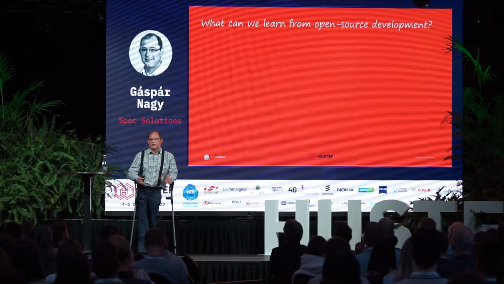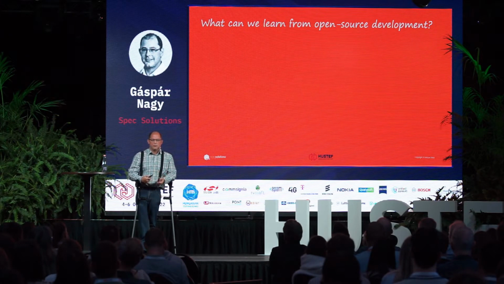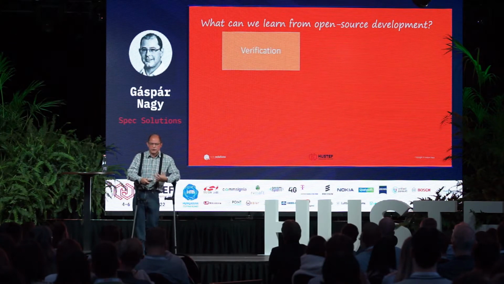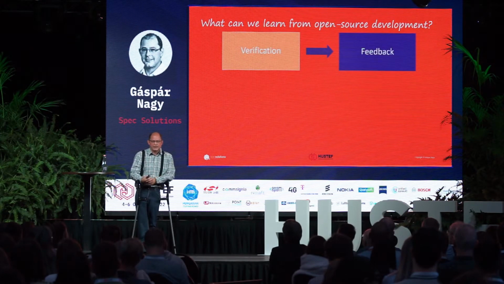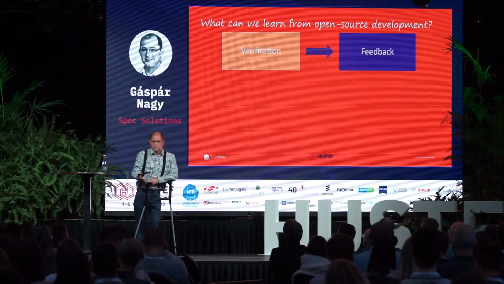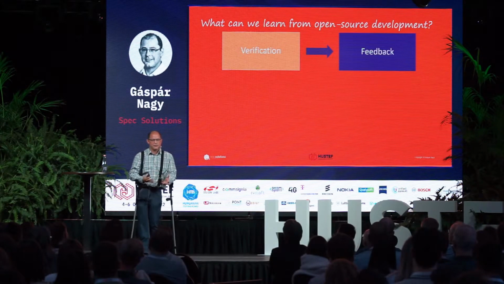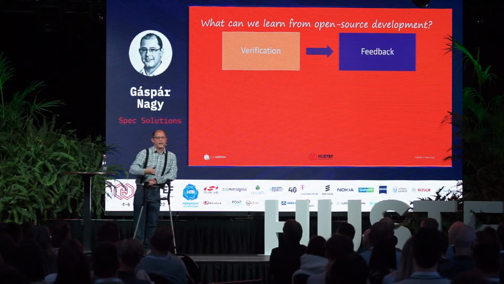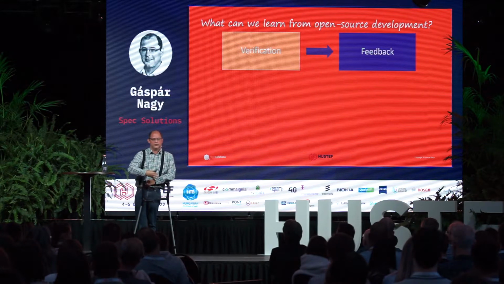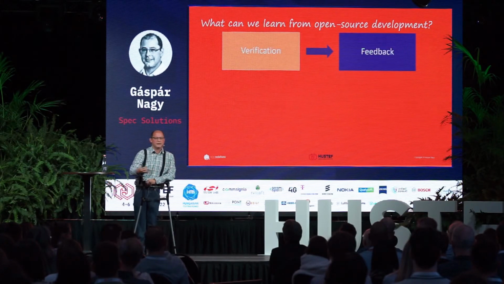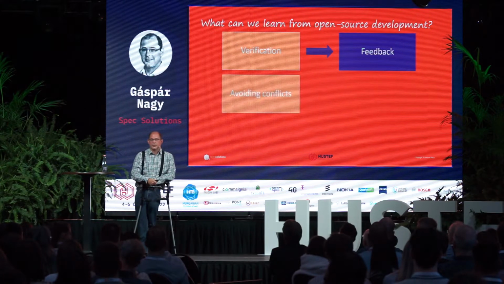So to summarize this, basically, we can learn that in open source projects, the verification is more replaced by feedback. Of course, these are not exclusive things, but providing more effort to provide the feedback for the one who is working is probably more efficient than just providing the verification result.